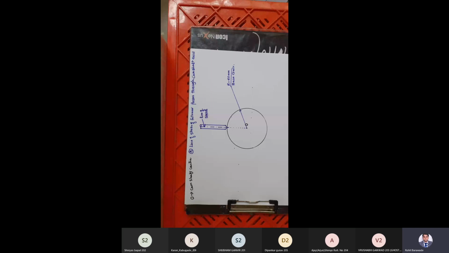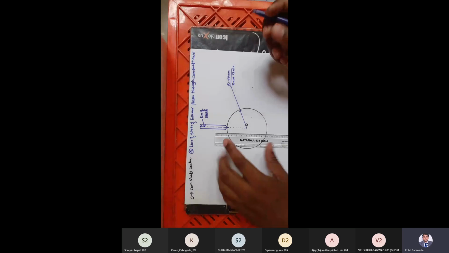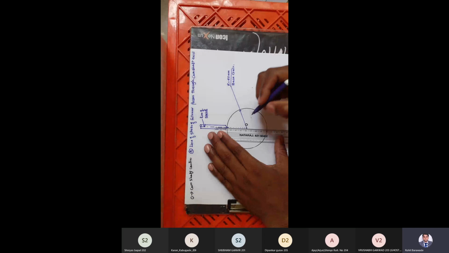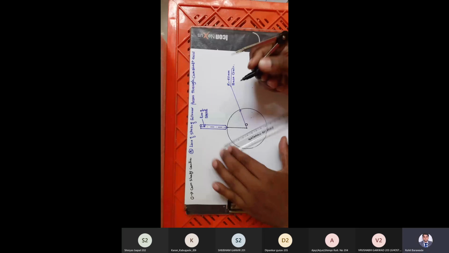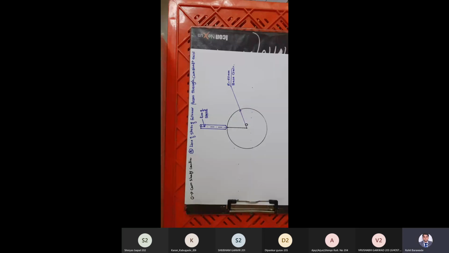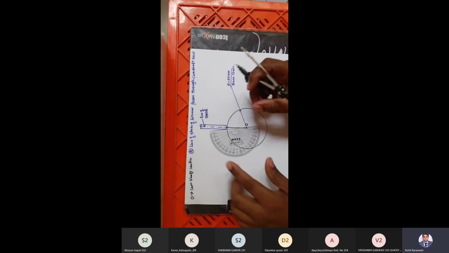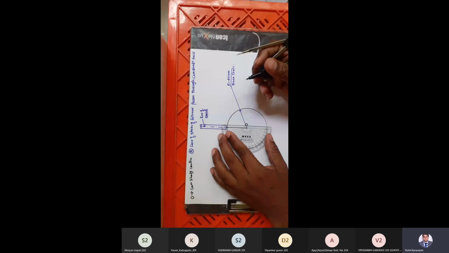Then this line I will take as a reference for dividing the rise period and return period, right? So using this black color line, I will draw the first rise period. Okay, the first rise period is up to 90 degree, right?